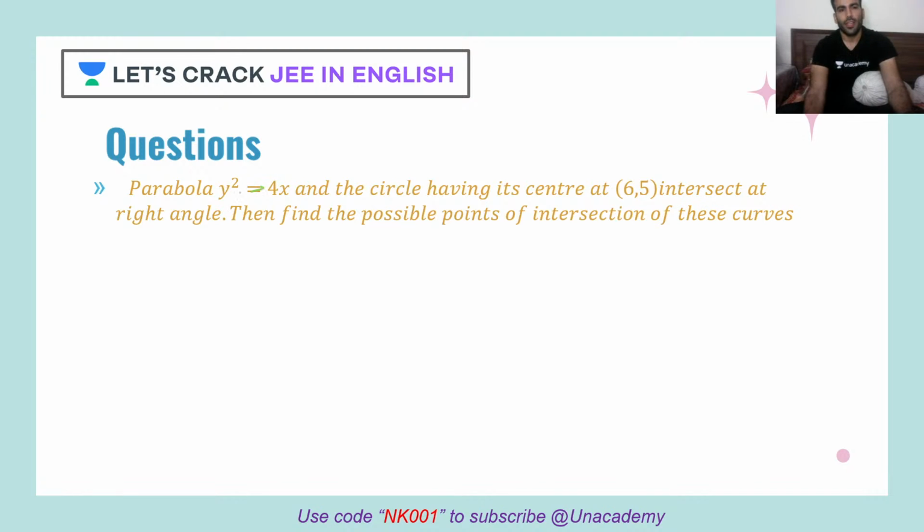We have to find the possible points of intersection of these curves. I really like this question because it seems very difficult. I'll tell you why. It just uses geometry and the question becomes very easy.